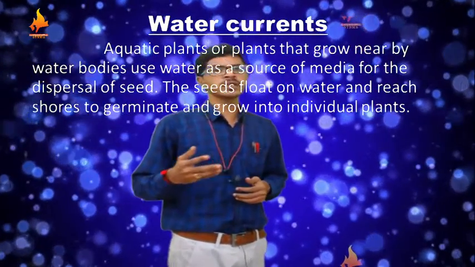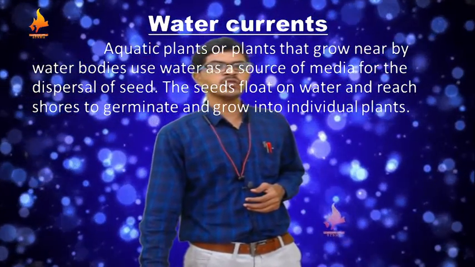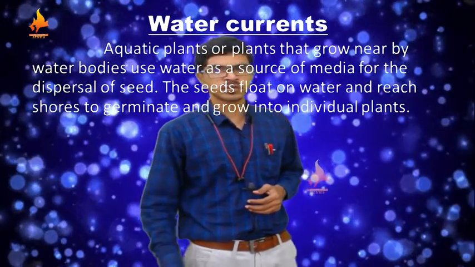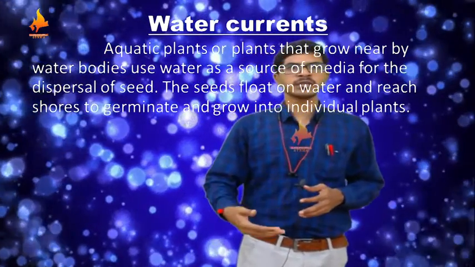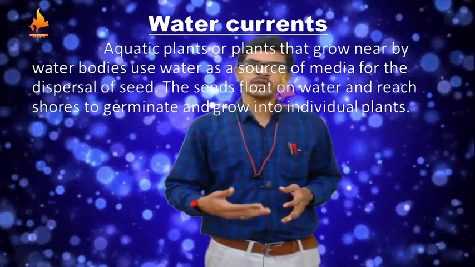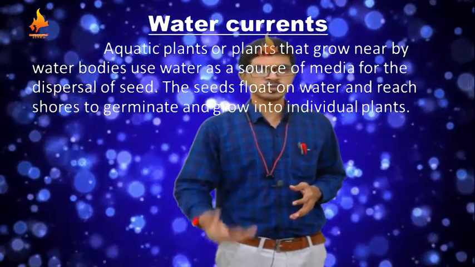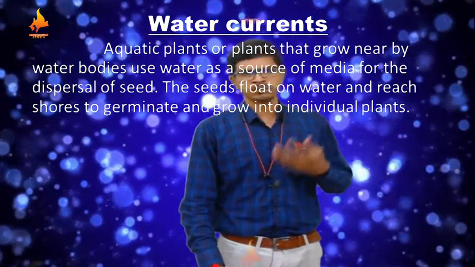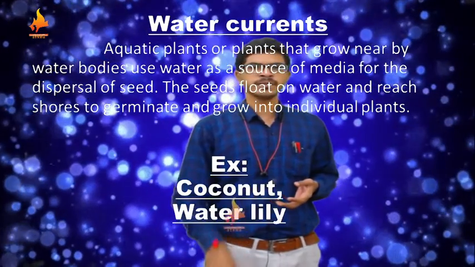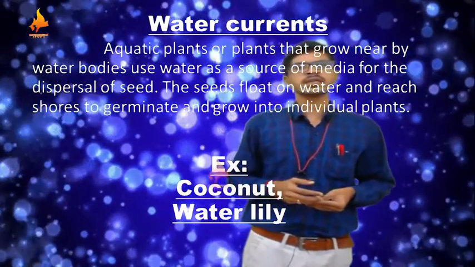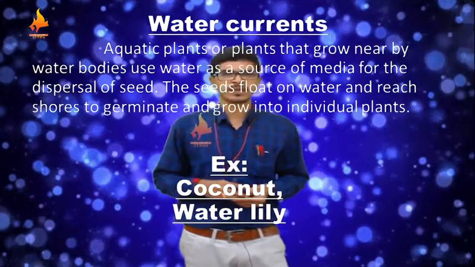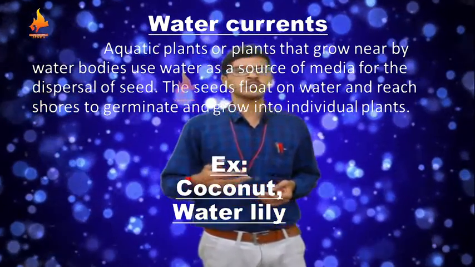That is also the reason why we see a lot of coconut trees on the shores, because they are carried by the water, and when they reach the shore, food material, that is the nutrients, is available, and anyhow water will be available. So by utilizing these conditions, the seed germinates once it is transported to another place.